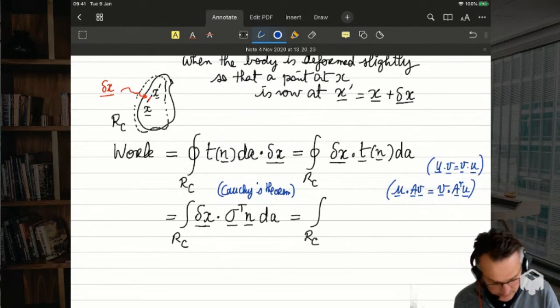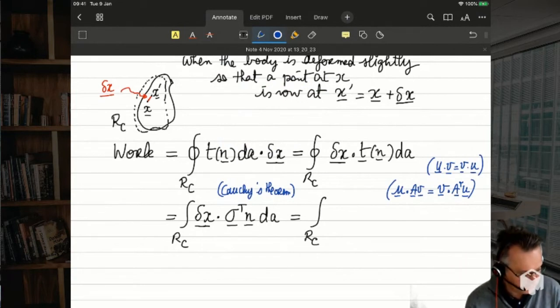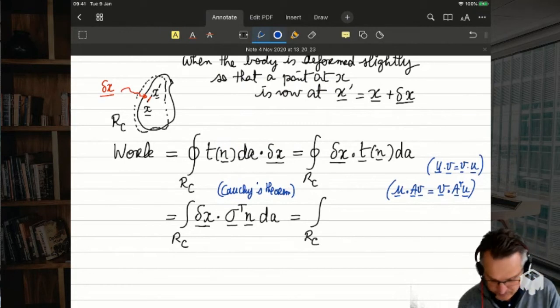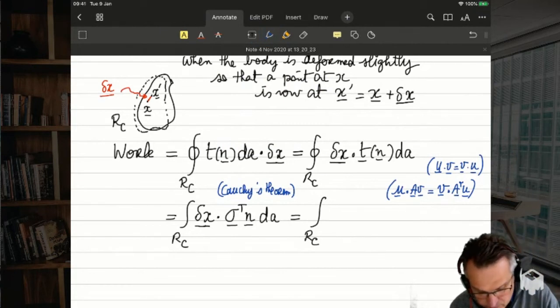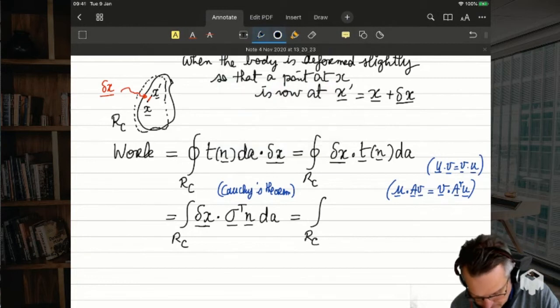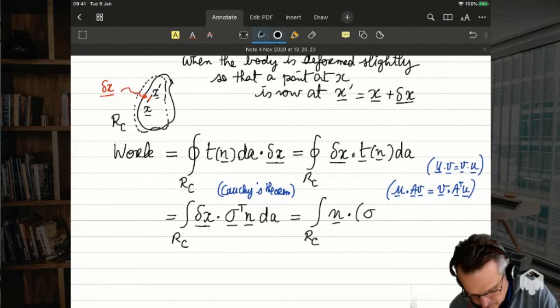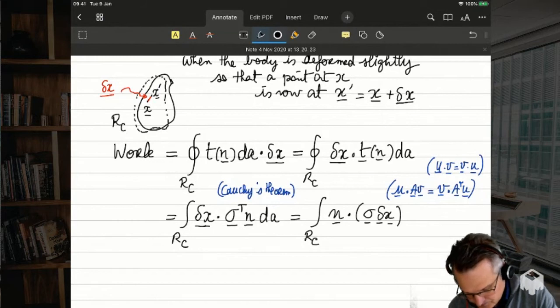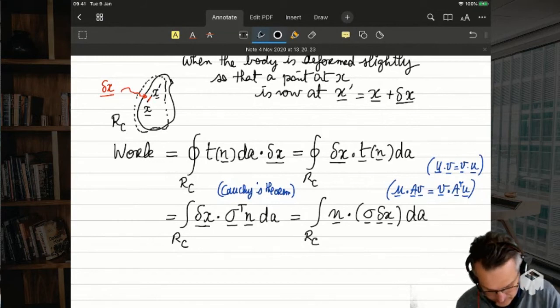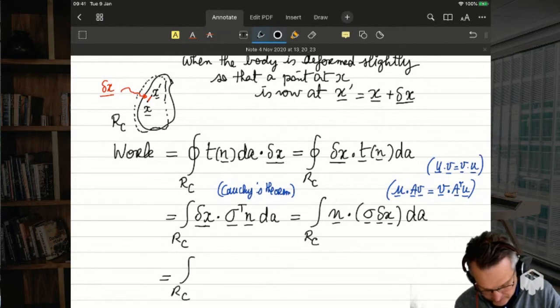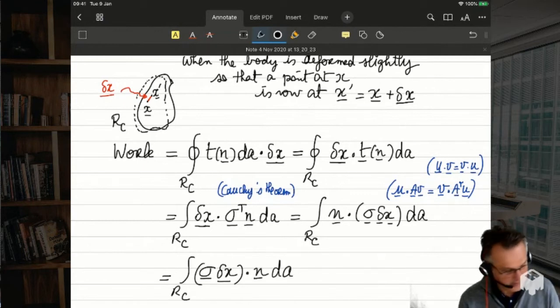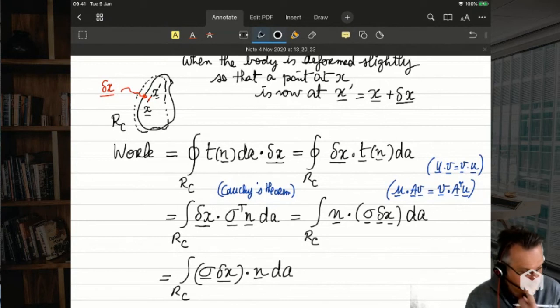So that's going to be, dot sigma delta x dA, which is the same as dot n dA.